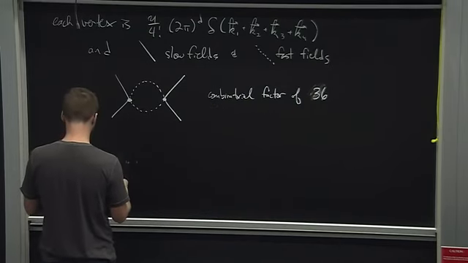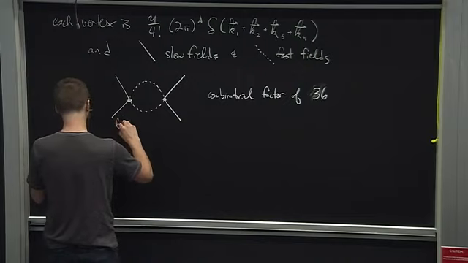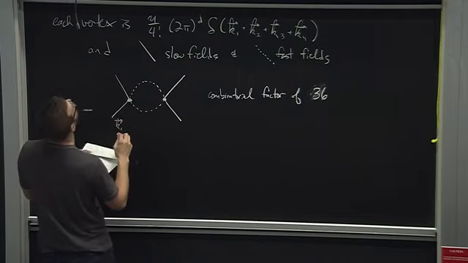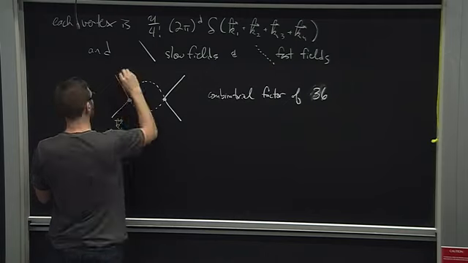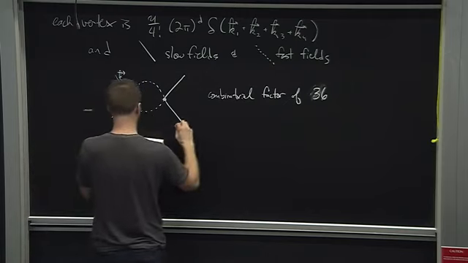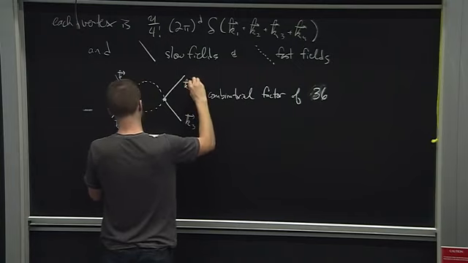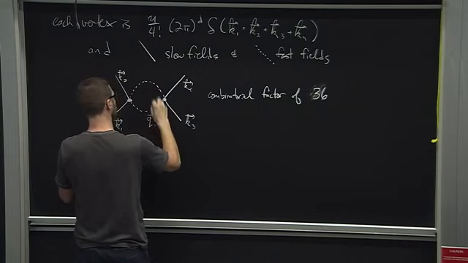So I'm going to label momenta on here now. I'm going to give them labels K for the slow fields, and Q's for the fast.